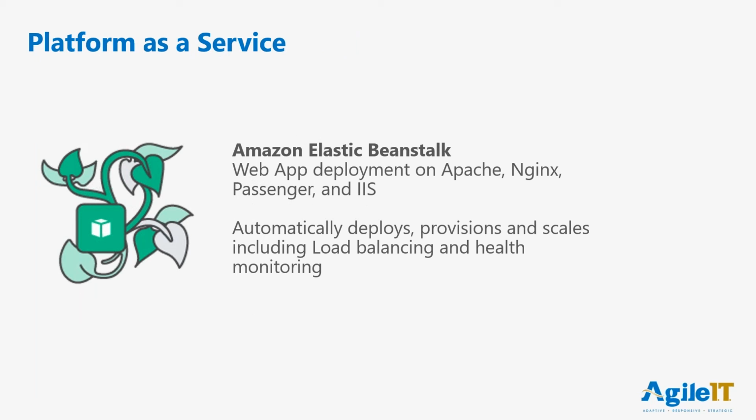Platform as a service. AWS has their Elastic Beanstalk, which is sort of an all-in-one creation of an app from scratch. It will take care of creating load balancers, VMs. It'll do the deployment of the code.